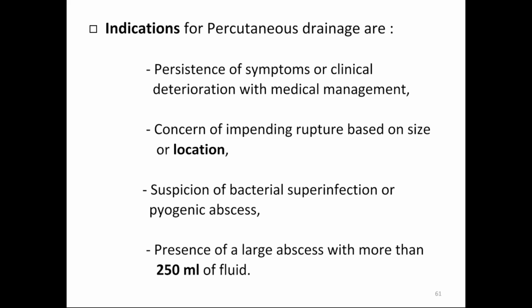If the abscess is more than 4 centimeters, you should always try to intervene and drain it because it raises the chances of rupture. If an abscess ruptures, the entire peritoneal cavity gets infected, and this will increase mortality rates. It is better to drain before it ruptures.